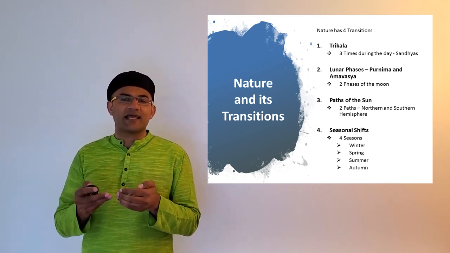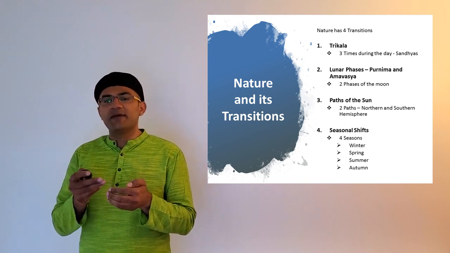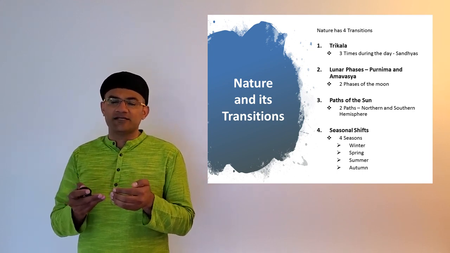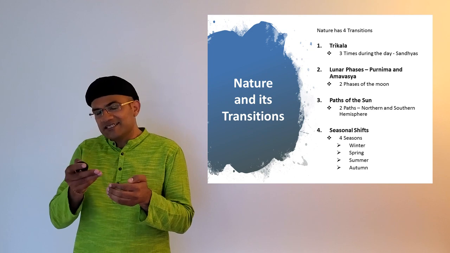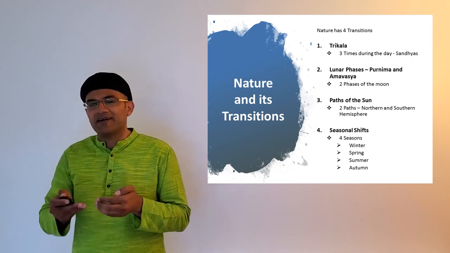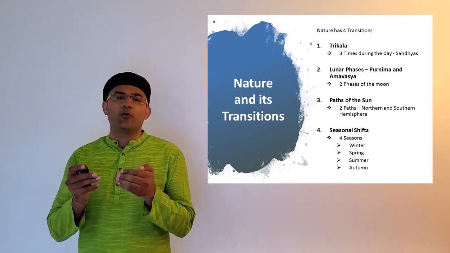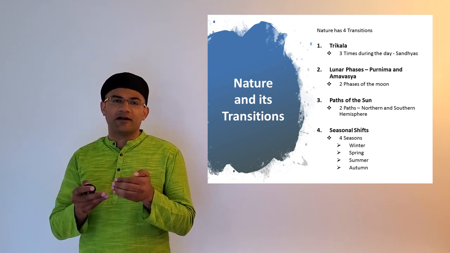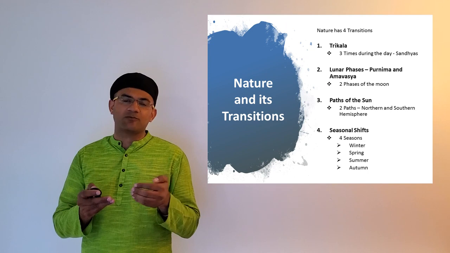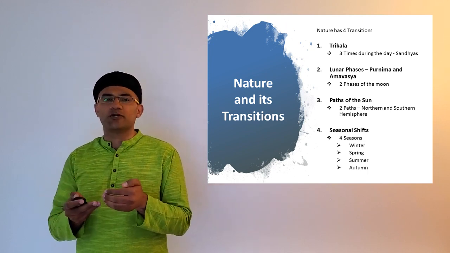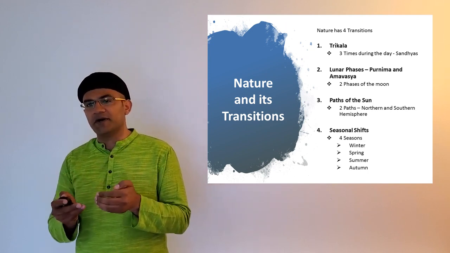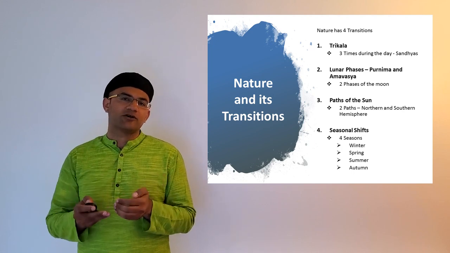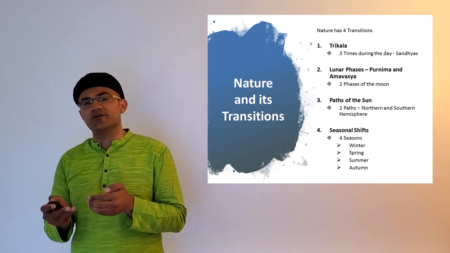And then the second time, this is based on the lunar cycle. So Mother Nature is also changing its pattern. Based on the moon cycle, the lunar phases, there are 2 phases that take place. One is dark moon, the other one is full moon. The full moon is called Purnima, and the dark moon is called Amavasya, as per the Hindu calendar.